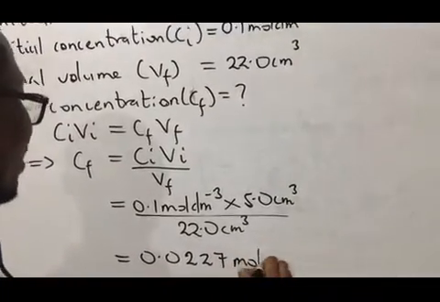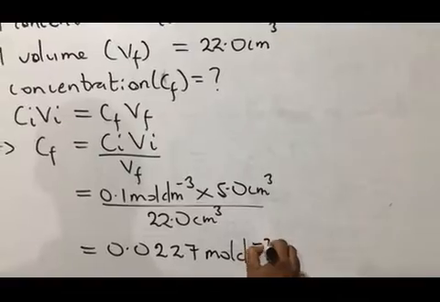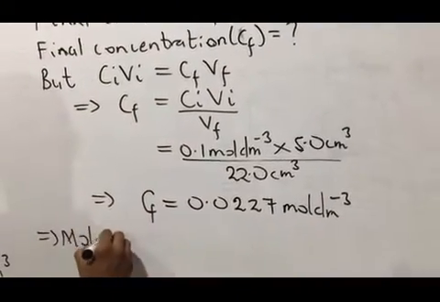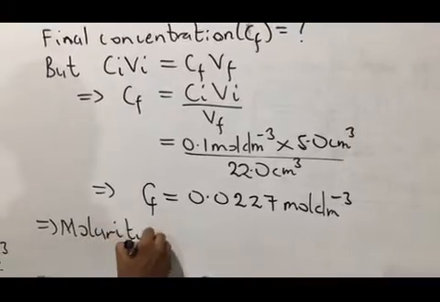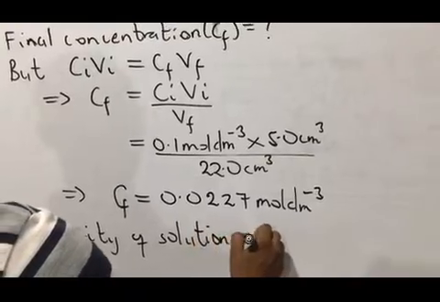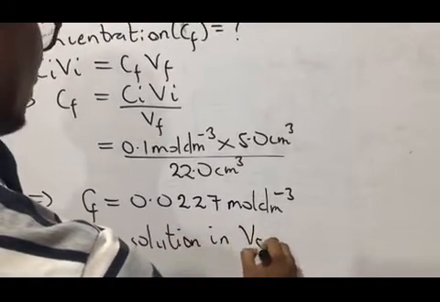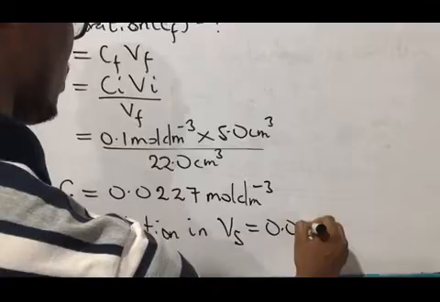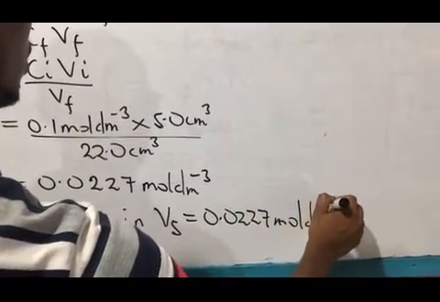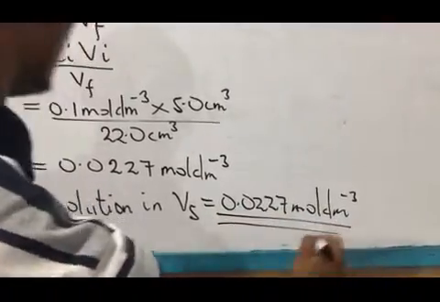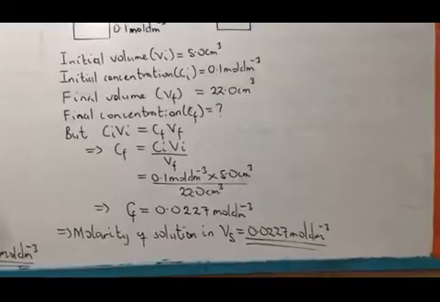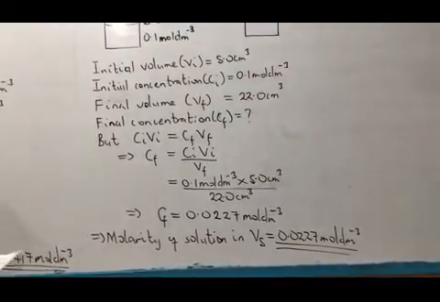That's with 4 decimal places. So the molarity of solution in V5 is therefore equal to 0.0227 mole per dm cube.